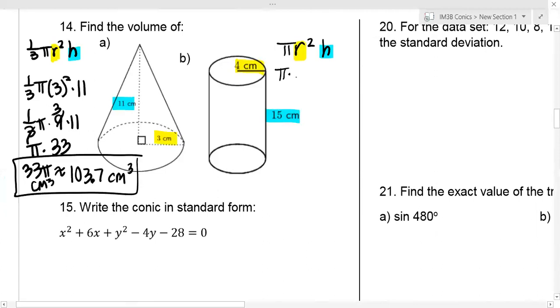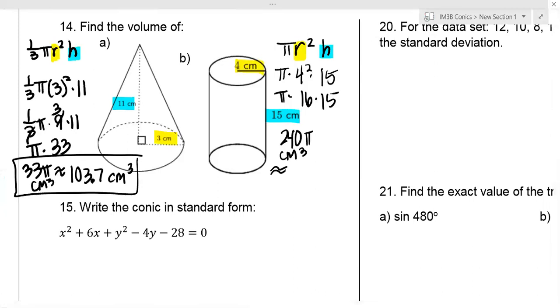So pi times 4 squared times 15, or pi times 16 times 15. So that gives us 240 pi cubic centimeters, or if it gives you decimals for your options, you're going to multiply that by pi, which is about 754. It rounds up.